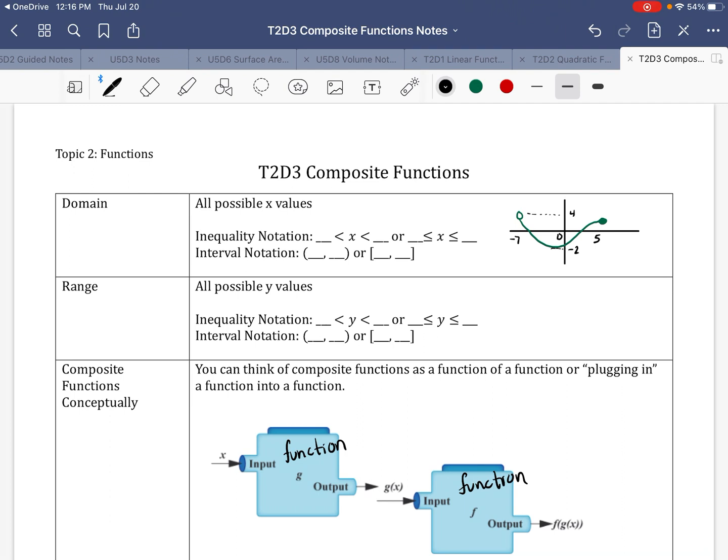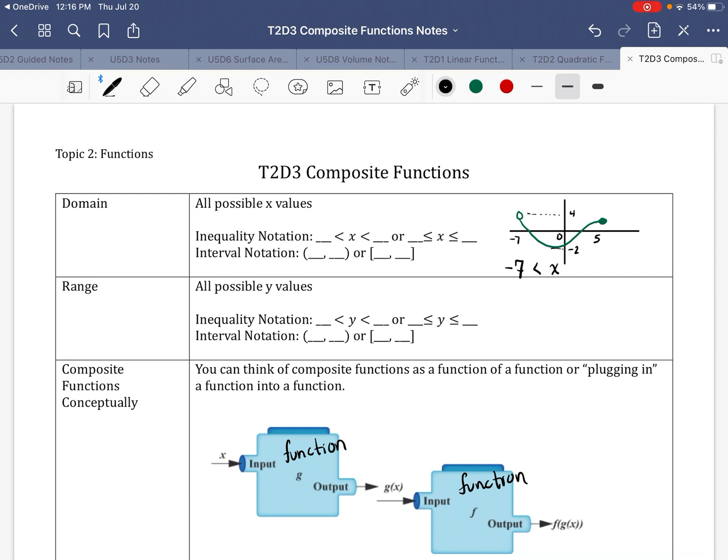If you look, I have a little graph drawn on the right-hand side, and when we're looking at the domain, we can see that the leftmost, or the most negative point, is at -7. And it's an open dot, which means it does not include the point -7, but anything really, really close to -7. And then not including, so we have the inequality, or you can use parentheses.